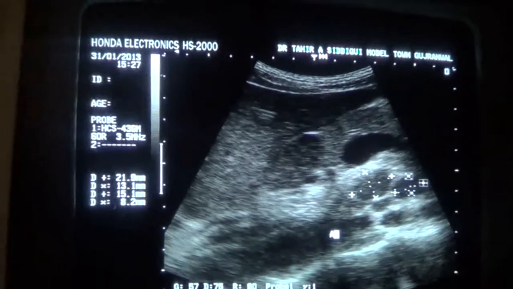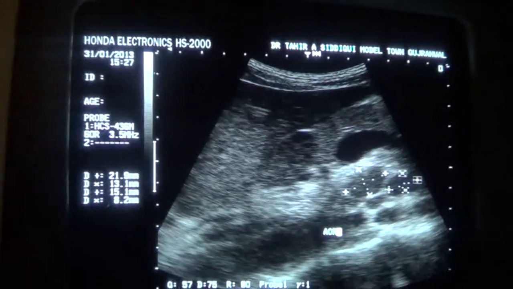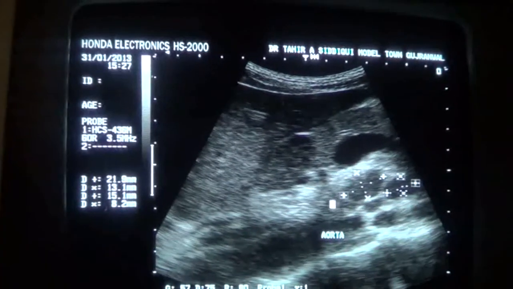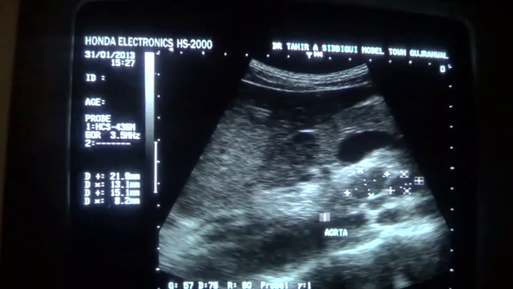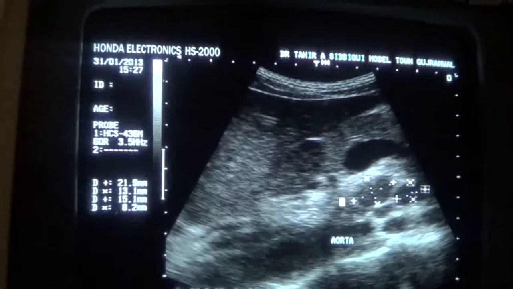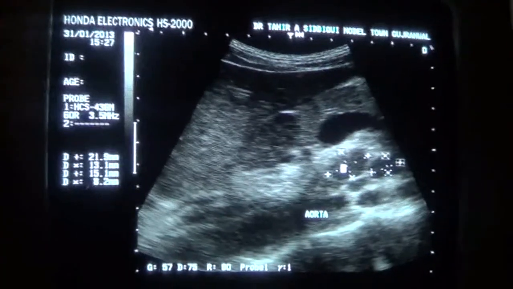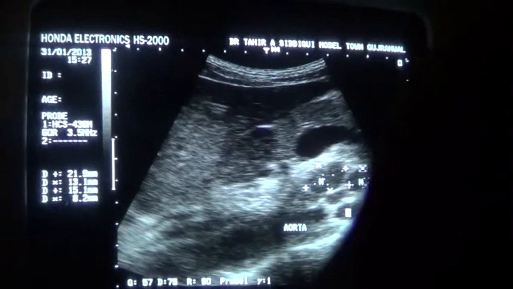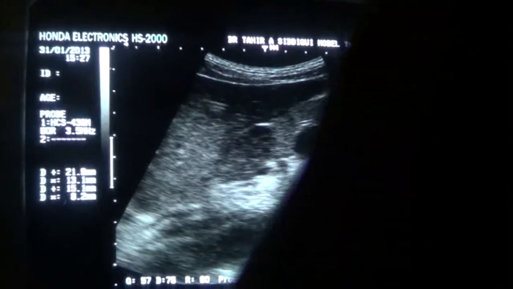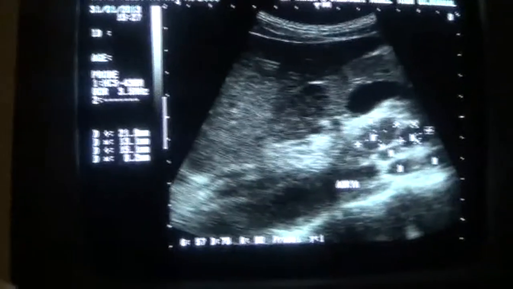This is the proximal aorta in longitudinal section, and this vessel is the superior mesenteric artery arising from the aorta, and these are the nodes. This is what we call para-aortic plane lymph nodes.